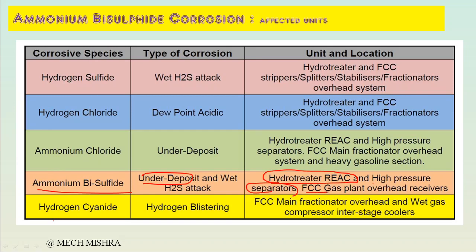In FCCU, the gas plant overhead receivers, you can see this ammonium bisulfide corrosion. There are also different corrosions like hydrogen sulfide, hydrogen chloride, and ammonium chloride, which can be seen in different plants and locations in the refinery units. So today we are focusing on ammonium bisulfide.